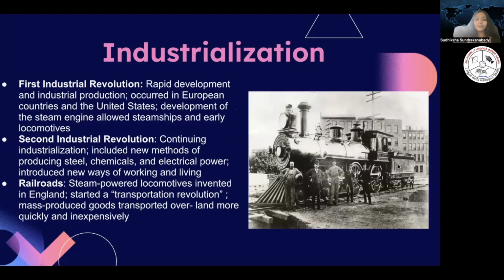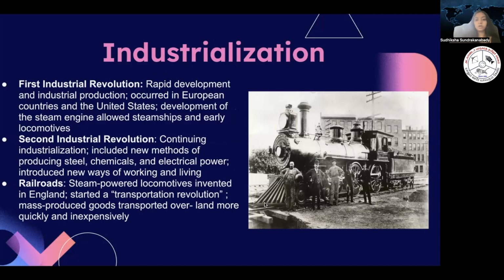There were two parts to the Industrial Revolution at that time. The first Industrial Revolution was the development of industrial production. This occurred in European countries and the United States, so you can see that this was more the richer, more industrialized nations. It was the development of the steam engine, which you can see right here.